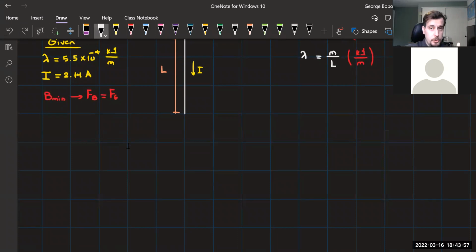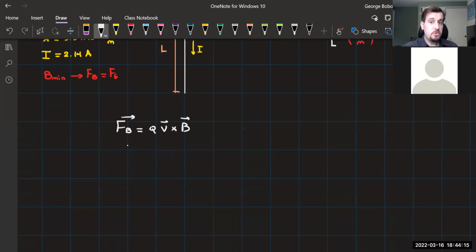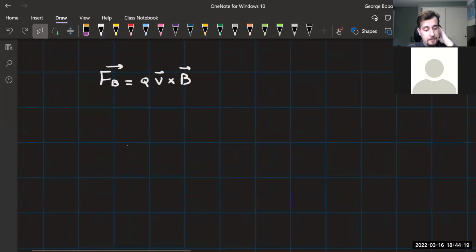How do I get the force that would act on a wire that carries current I? Okay, how would I get that? All I know from last time, remember this guy? That's all I know from last time right now. So how do I use this to derive the force on a wire now? Well, here's the thing. What is really V?